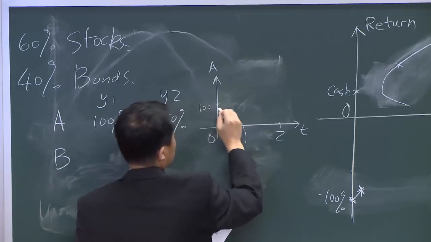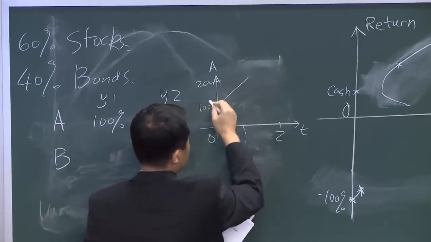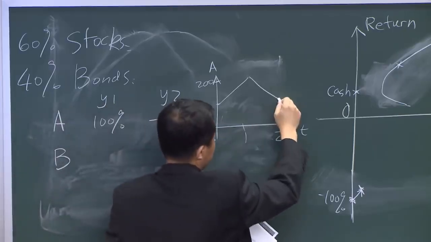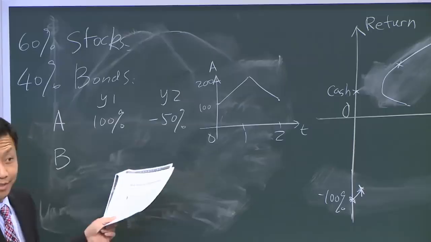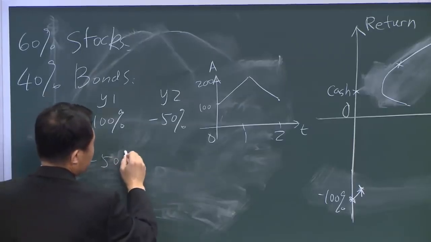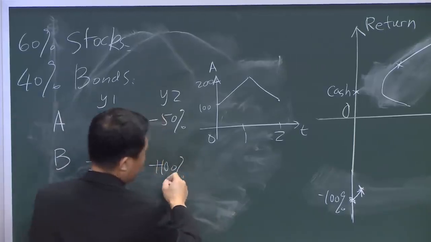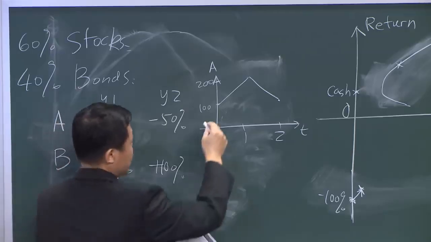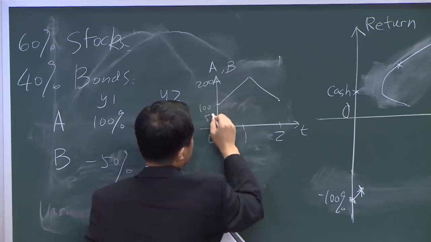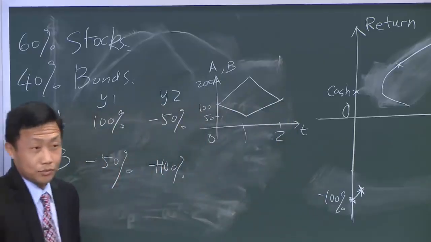Started with 100%, it goes up to 200%, then you go down 50% on the new base. So it returns nothing, right? It comes back. Asset B in year one loses 50%, then doubles up 100% in year two. So asset B basically goes down to 50%, and it goes back up to 100%.